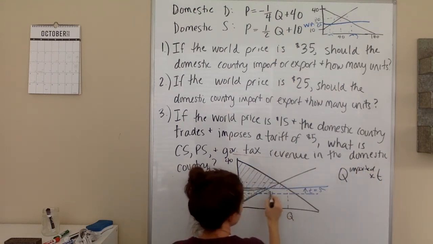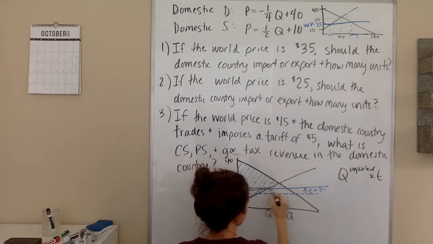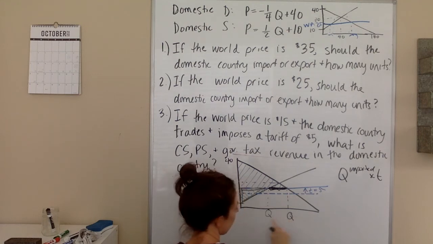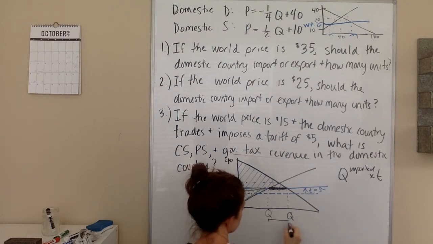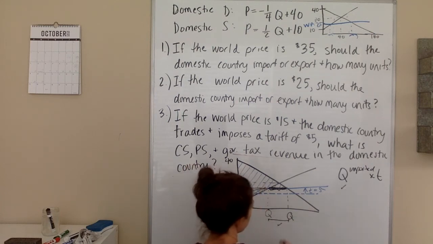The quantity that's imported is this distance right here. You've already calculated these two Q's, so you just subtract them. That gives you the quantity of imports. So this distance goes with that.